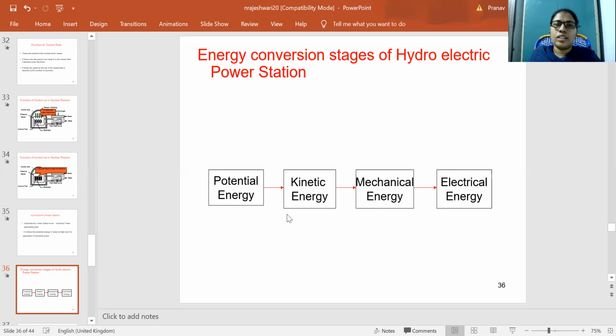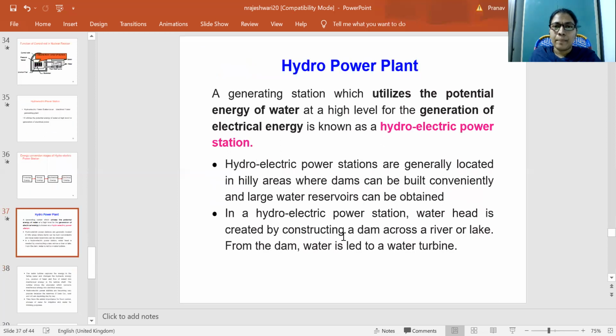The potential energy of water is converted into electrical energy with the help of hydroelectric power stations. A generating station which utilizes the potential energy of water at a high level for the generation of electrical energy is known as a hydroelectric power station.